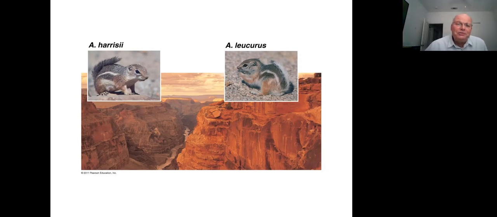So what constitutes a geographic barrier for one species may not necessarily be a geographic barrier for other species. It depends. But nonetheless, what we are referring to here is reproductive isolation, loss of gene flow as a product of geographic isolation.